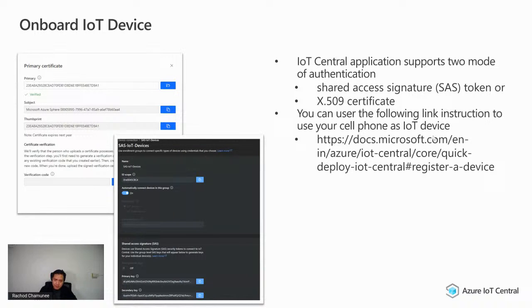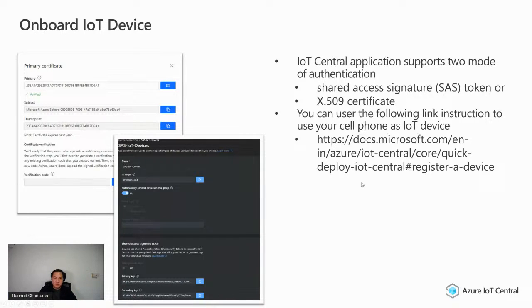In IoT Central, we support two modes of authentication. The first is SaaS, the one I used: you put the key into your device, and then it will access IoT Central. The other is an X509 certificate. I'll also put the link here that shows you can use your cell phone as the IoT device.